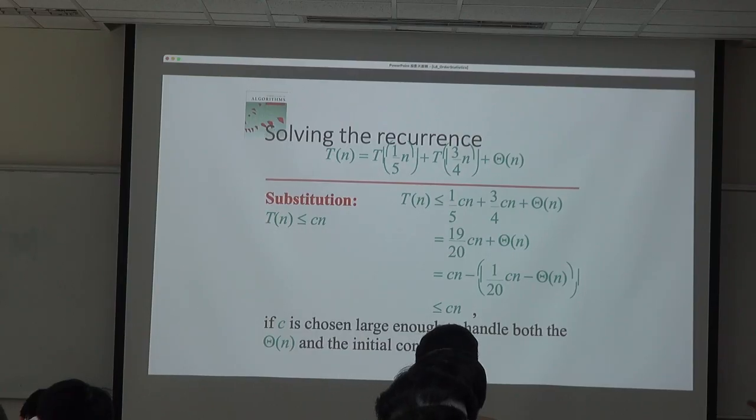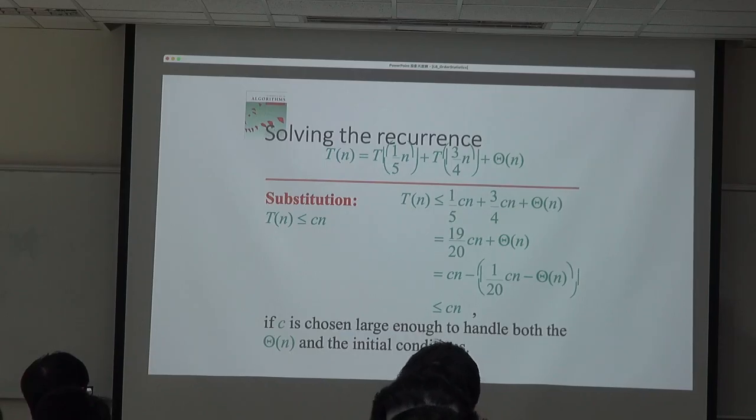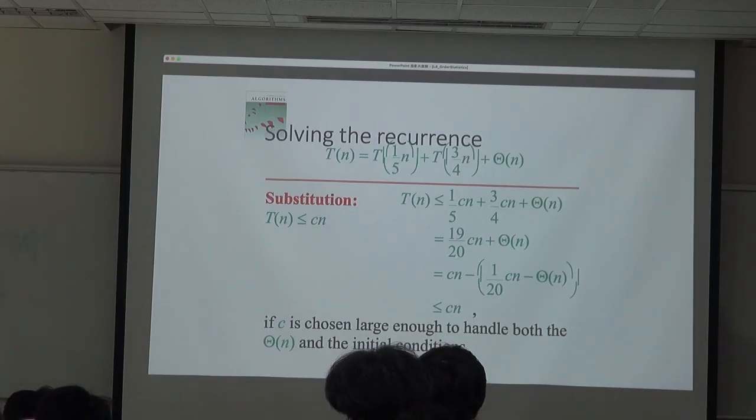This is very, very good, because we are not doing average case. We are not doing expected time complexity. We are actually doing worst case analysis here. So this is very, very important.